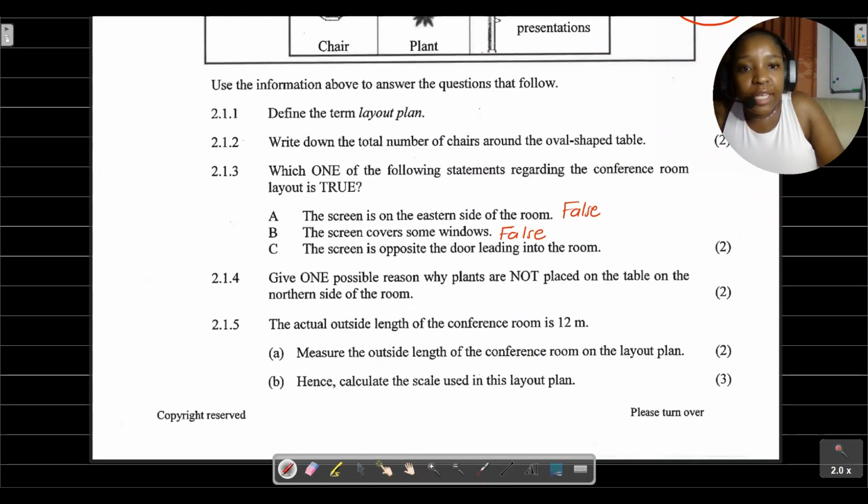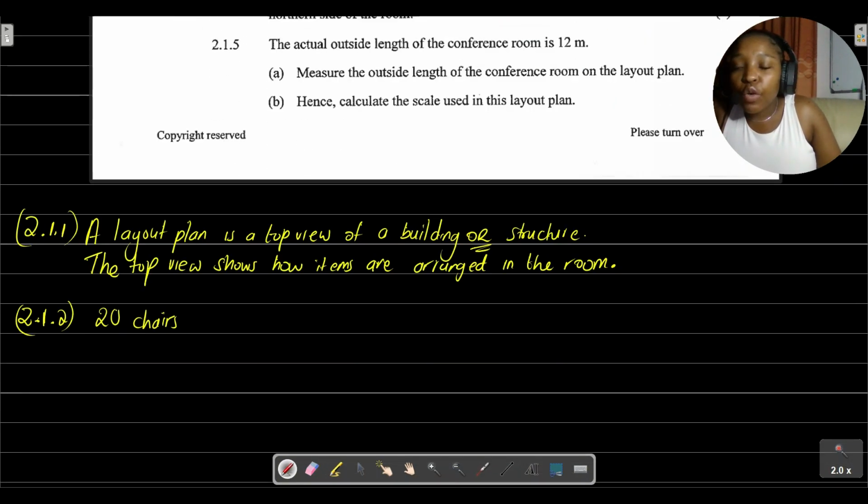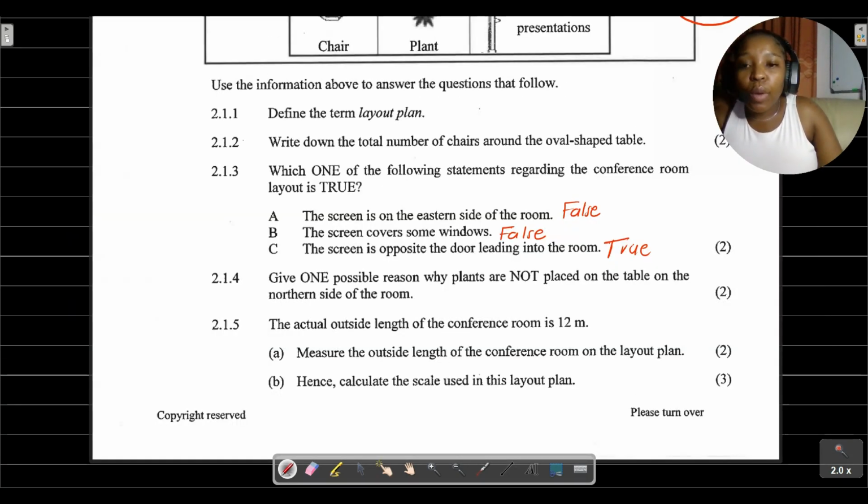Therefore, we can conclude now that this statement is true. So for question 2.1.3, which statement is true? It's C. Okay, good.